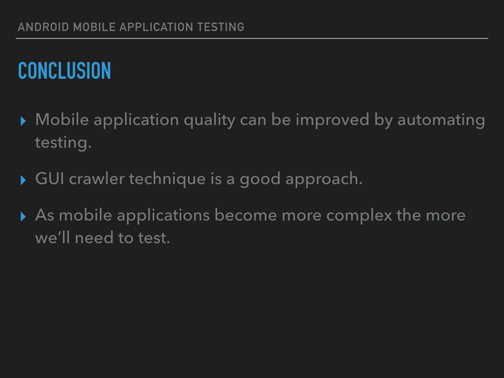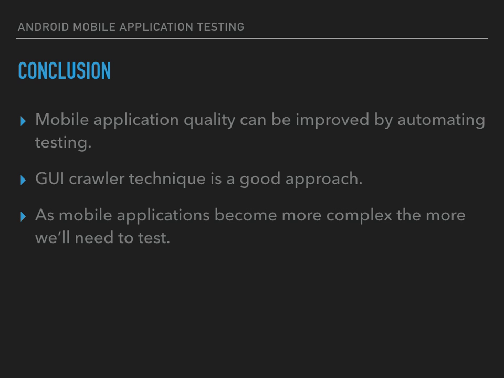Okay. So just to conclude this presentation, what we discussed is the use of mobile applications or sites are very, very widely used, and at times they lack a lot of quality because of the speed at which they are developed, and a lot of people do not put the proper effort into actually testing these applications, which of course leads to poor quality.